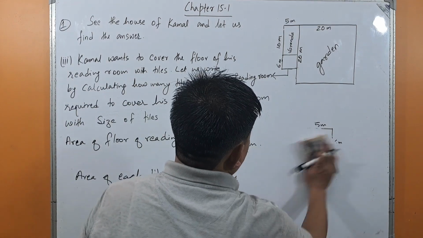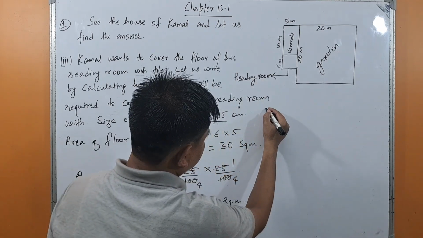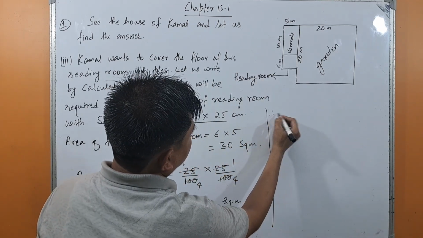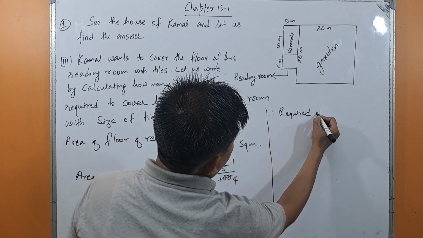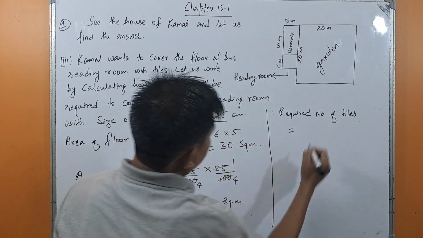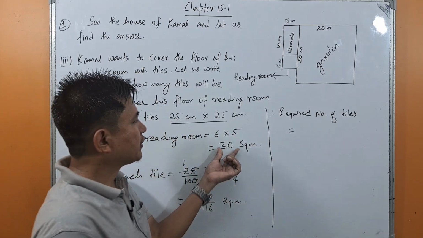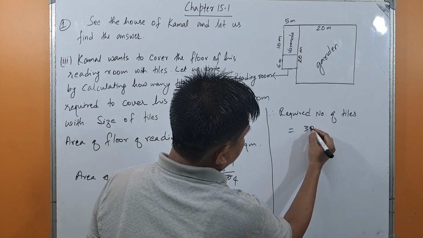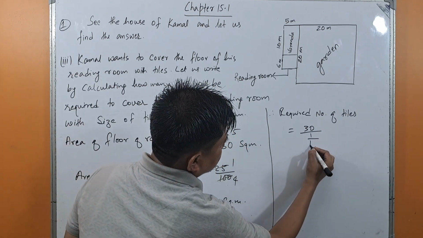Now let us find the required number of tiles to cover the floor of the reading room. Therefore, the required number of tiles is equal to the total area of the floor divided by the area of each tile. Total area of the floor is 30 divided by 1 upon 16.